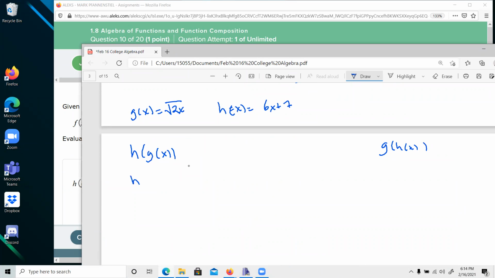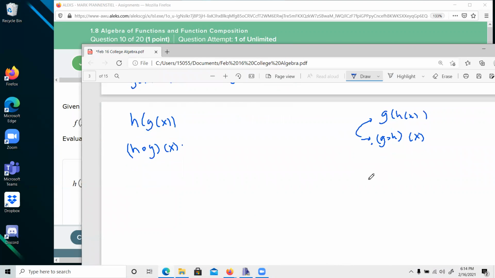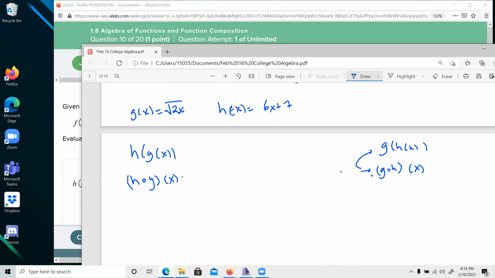Okay, the notation I really wish they would have used is this thing. This is normally the notation that they introduce you to, and this is how to evaluate it. So let's start with a number and see where we're going to go with that. So we'll do h of g of x, and we'll start with a number, like what happens when x is equal to 2.